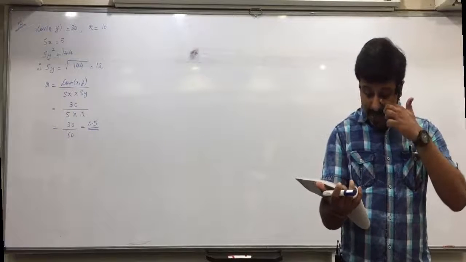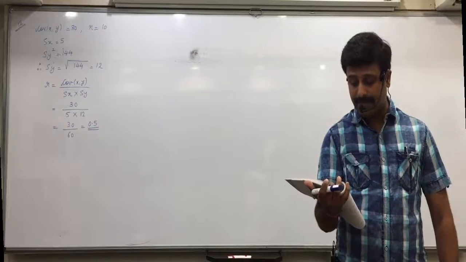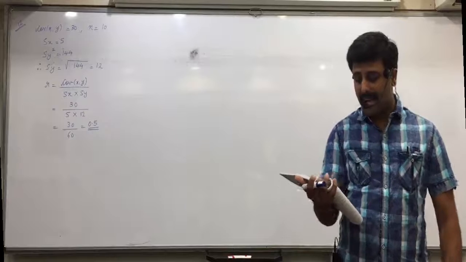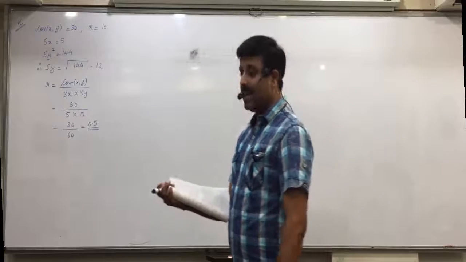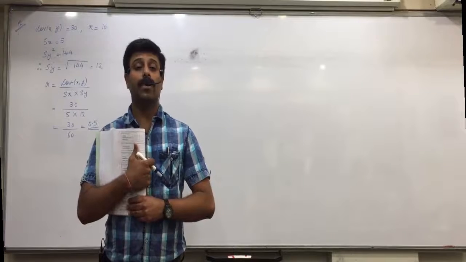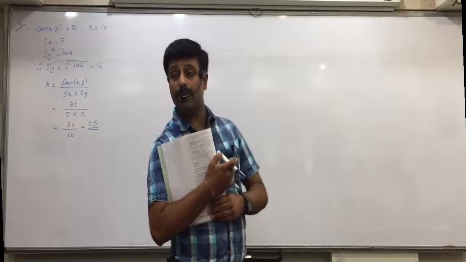X bar is 160, Y bar is 55, sigma xy is 90,000, Sx is 25 and Sy is 10. Find the correlation coefficient between height and weight from it. Raise your hand, which formula will be used? Out of the 6 formulas, which formula will be used?